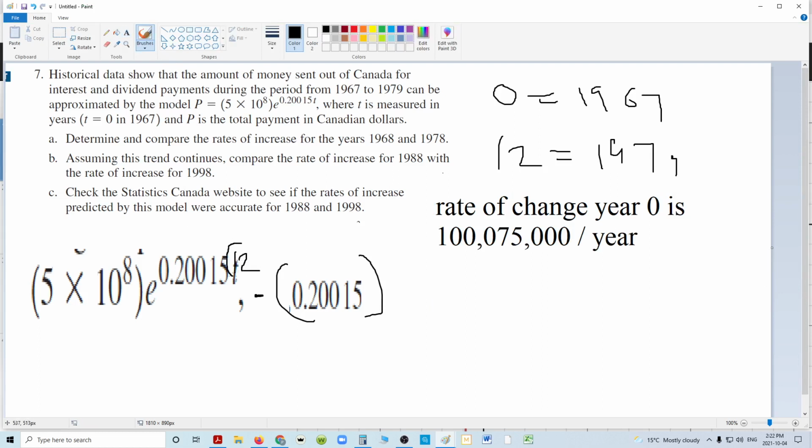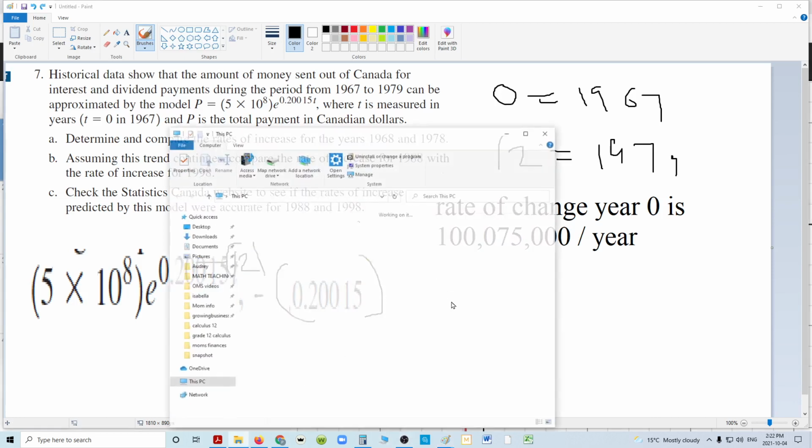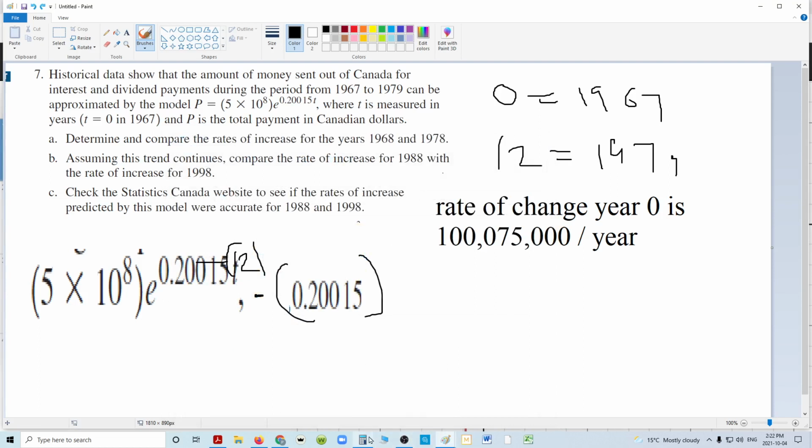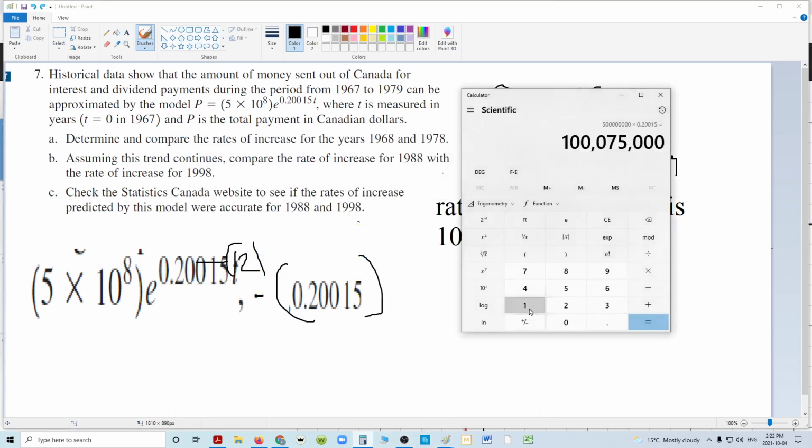We have to take this item here and multiply by this and put it in the power. I'm going to do this in multiple steps. I'm going to take 12 and multiply it by 0.20015, and I'm going to store it in memory.